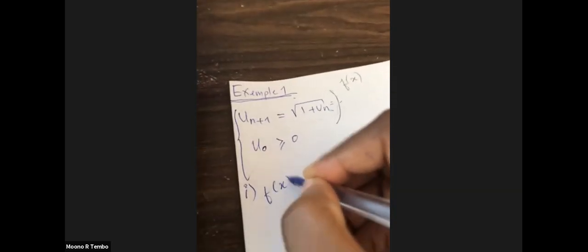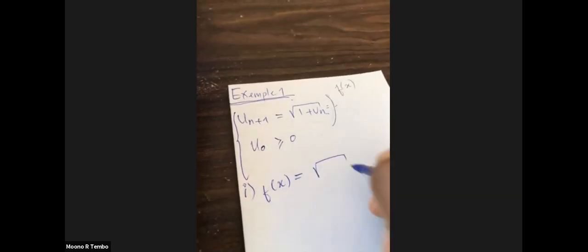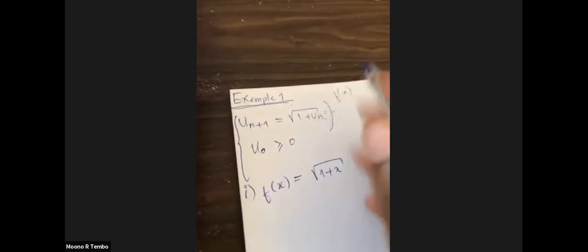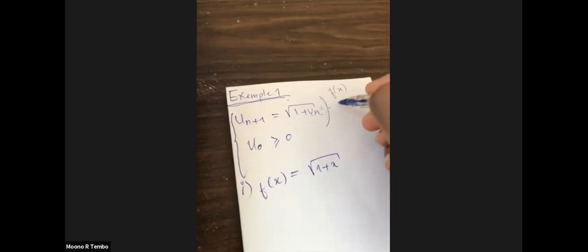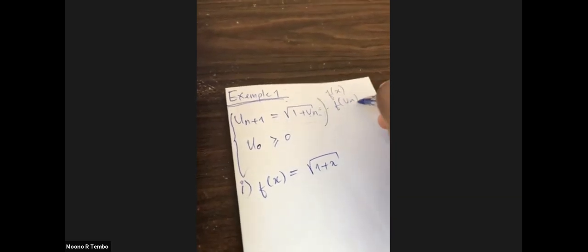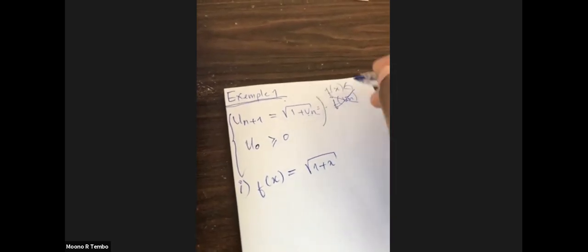So you're going to say f of x is equal to the square root of 1 plus x. You see that? In this case your sequence u(n) changes to x, because now it stops being a function of u(n). That's the first thing you do.